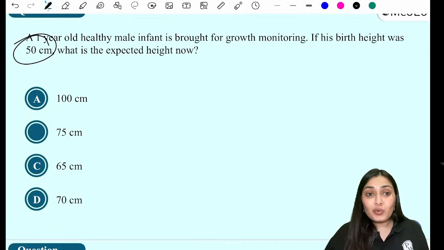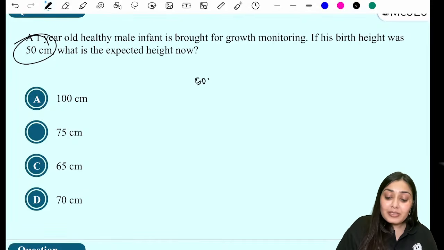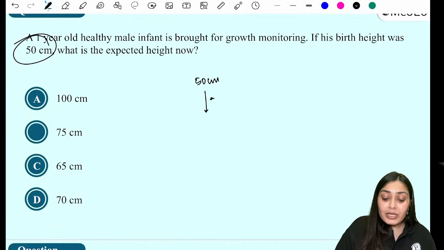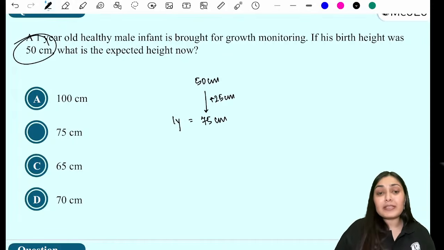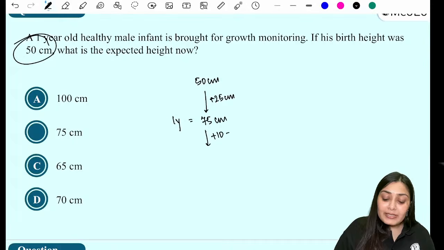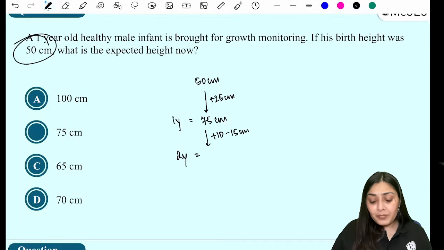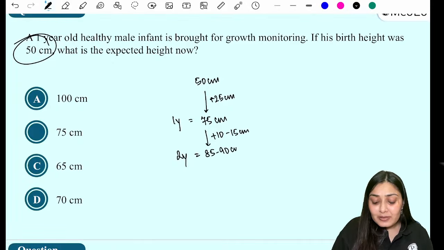Now how does this grow? This 50 centimeters in the first year of life, the child gains 25 centimeters. So by the end of 1 year, the height would be 75 centimeter. In the next year, another 10 to 15 centimeters is gained. So by the end of 2 years, it would be 85 to 90 centimeters.